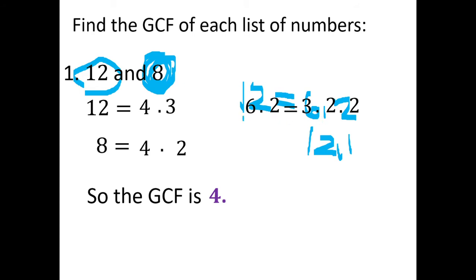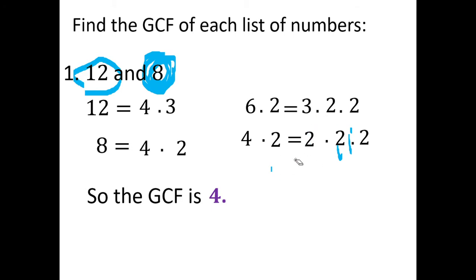So, nakita mo to, 6, 2, 3, 2, 2. Pag kinuha uli natin yan sa 8, ipa-factor pa uli natin yan. So, nakita natin na dalawa yung 2, buburahin ko para at least makita natin.